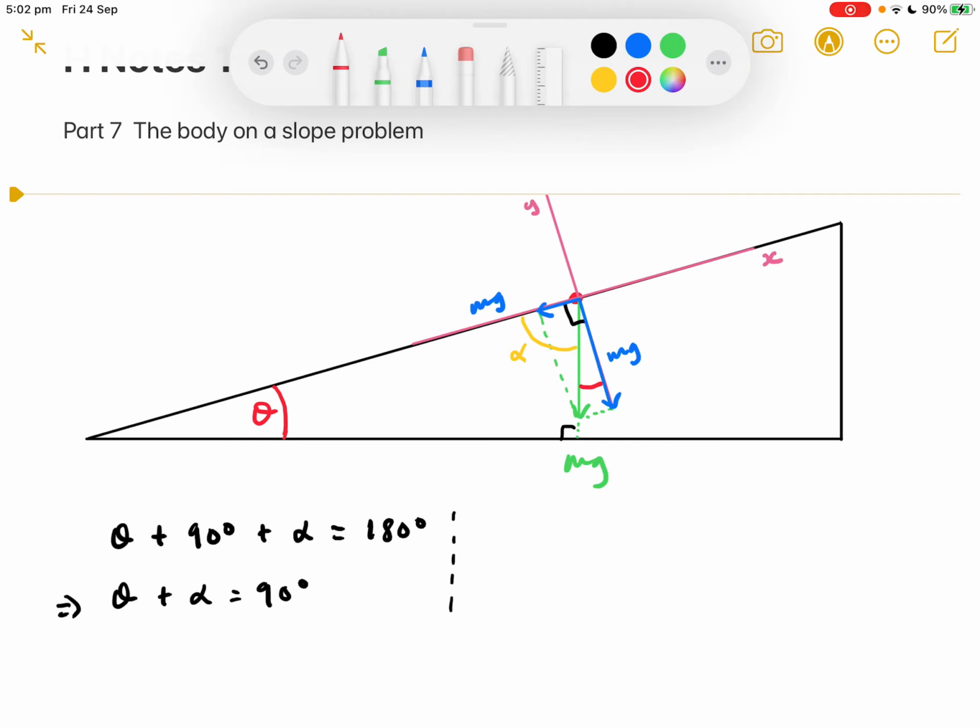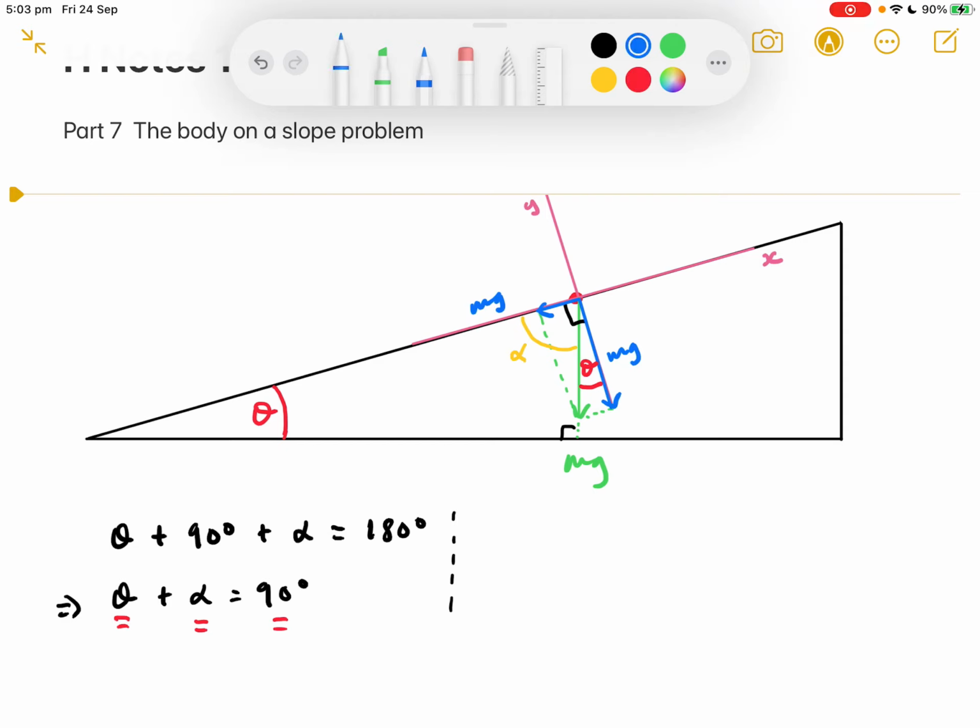Here's the question. What's this angle in here? Well, if you look at that angle, it is part of a right angle with alpha. Along with alpha, it makes up that upper right angle. So basically this angle, whatever it is, plus alpha gives you 90 degrees. But hang on, the angle that when you add it to alpha gives you 90 degrees is theta.